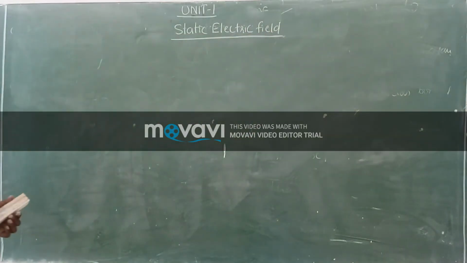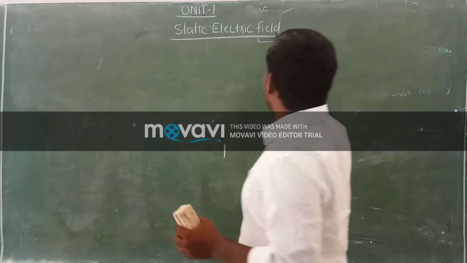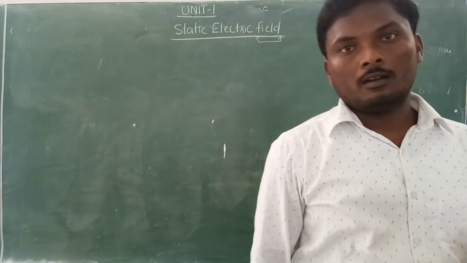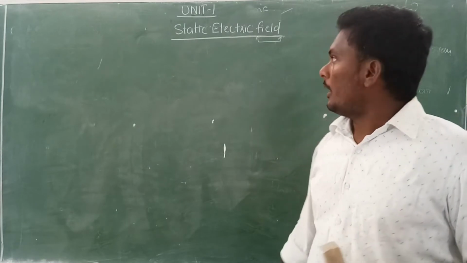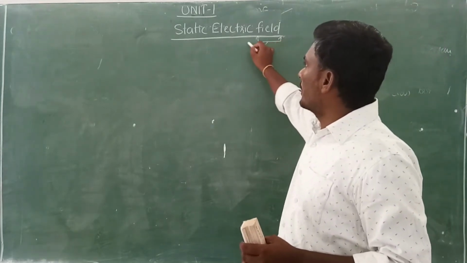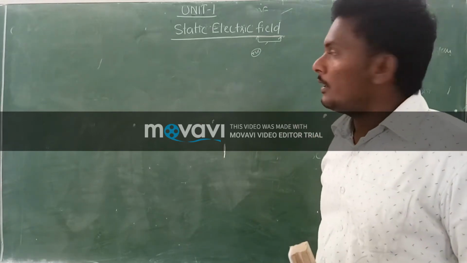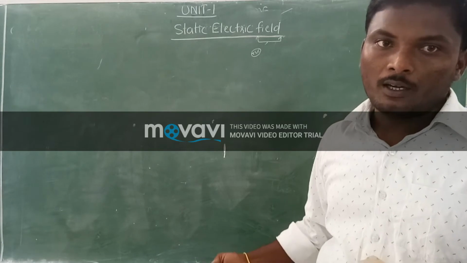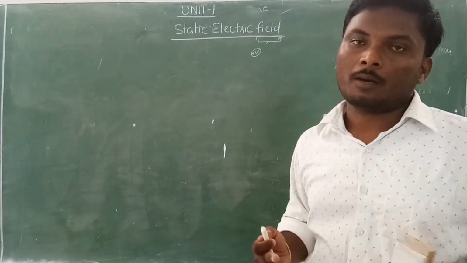I already explained the meaning of field. What is the meaning of field? Field is nothing but a force or lines of forces which are created by electrical charges or magnetism. If a field is created by electrical charges, that means from positive charge or negative charge, that field is said to be your electric field. And what about magnetic field? The field or lines of forces is produced by the magnetism or permanent magnet.